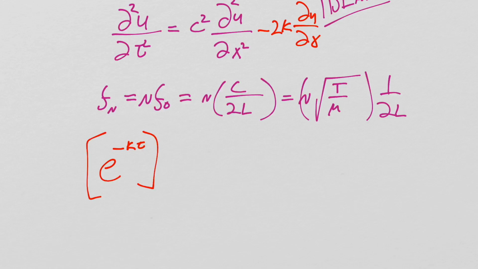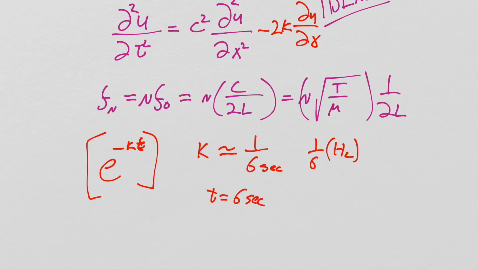And what we kind of discovered was that K for a guitar, it's fair to say, is about 1/6, or 1 over 6, where 6 is in seconds. So it's 1/6 of a hertz, I guess, is a unit that we could consider K. T, of course, is time in seconds. So when t equals 6 seconds, then kt equals 1, and then you have e to the minus 1, which is something like 0.37.